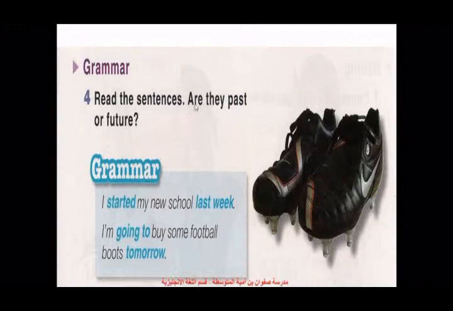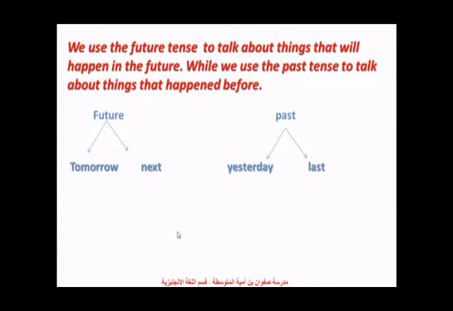To answer the question, are they past or future, we can say that the first sentence here is in the past, while the second sentence here is in the future. But the more important question is, how do we know that? Dear students, we always use the future tense to talk about things that will happen in the future, while we use the past tense to talk about things that happened before.